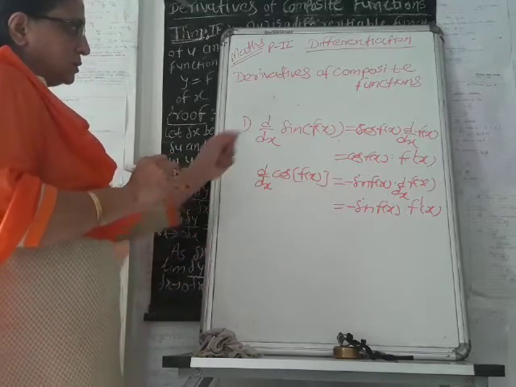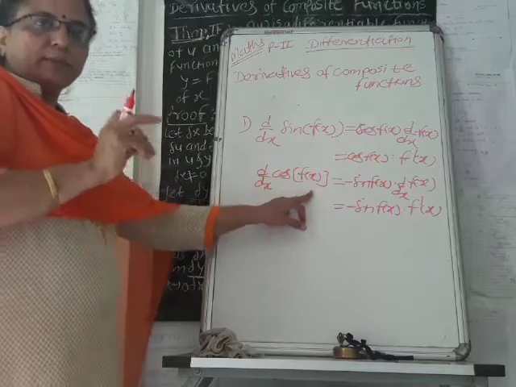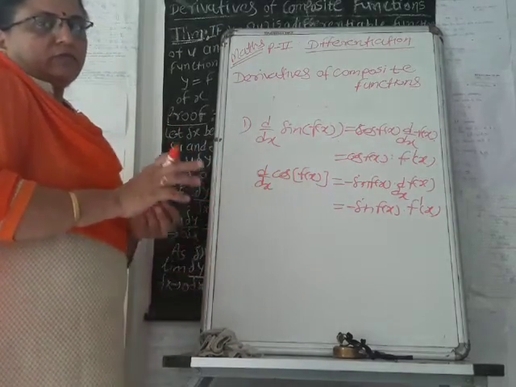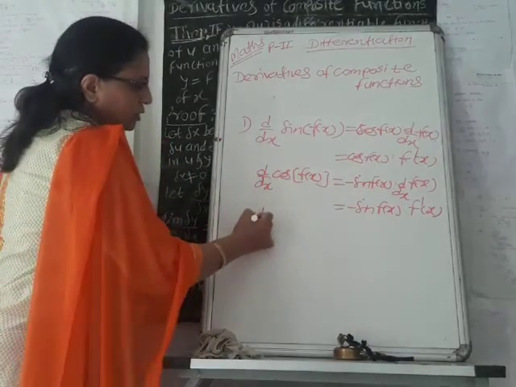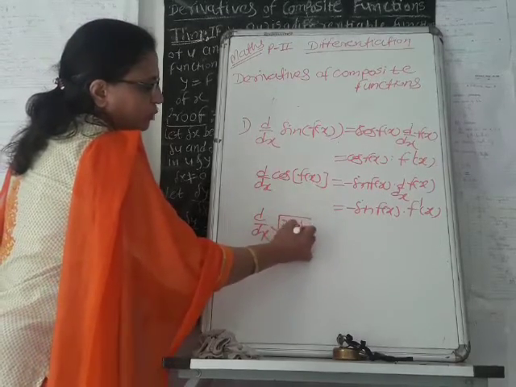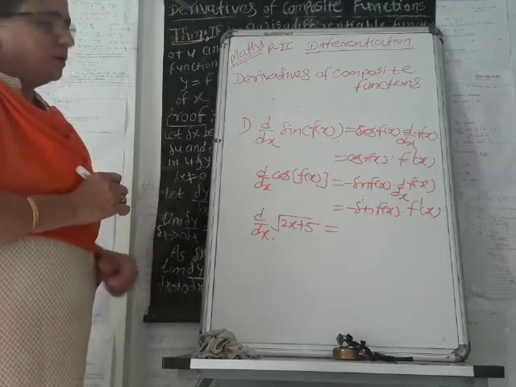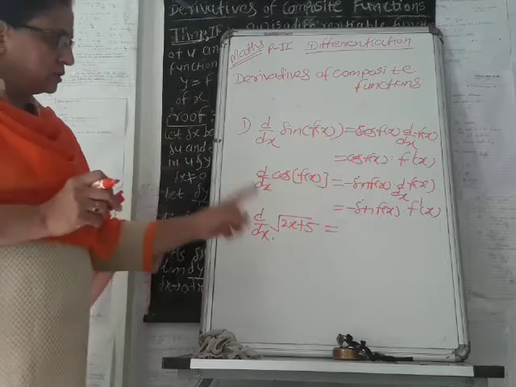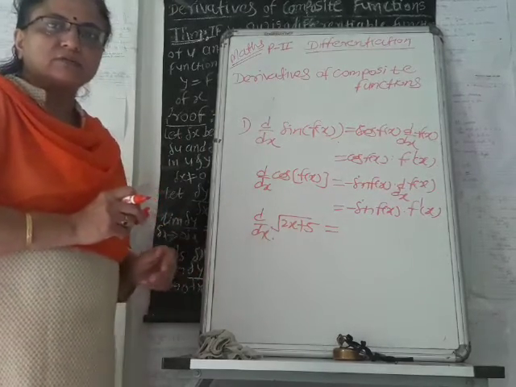So here these are composite functions, like cos of f of x. Remember, if there is a function other than x, then it becomes a composite function. Suppose for example d dx of under root 2x plus 5. Right. Here under root, there are two functions: first under root and second 2x plus 5.